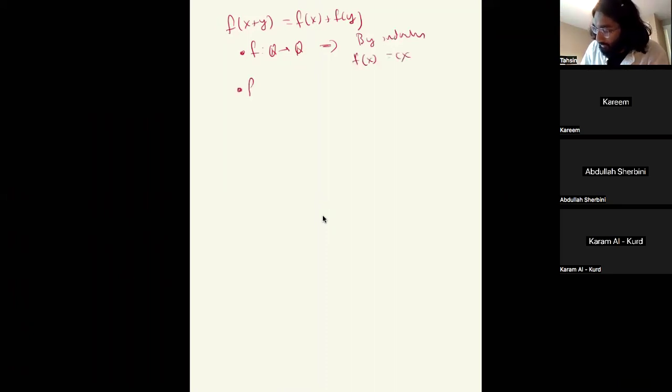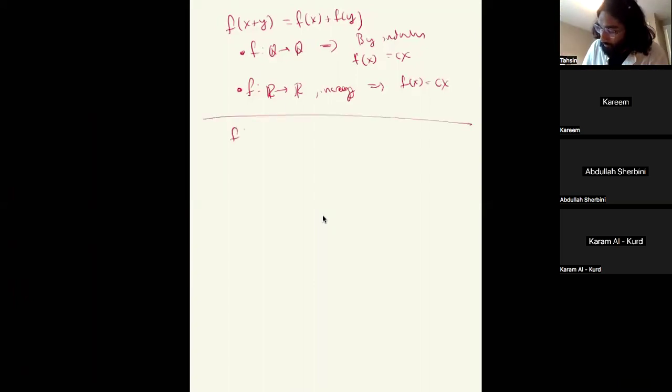Or if you have from R to R and say increasing or some kind of thing, you'll also get f of x equals cx, right? You need some extra condition.